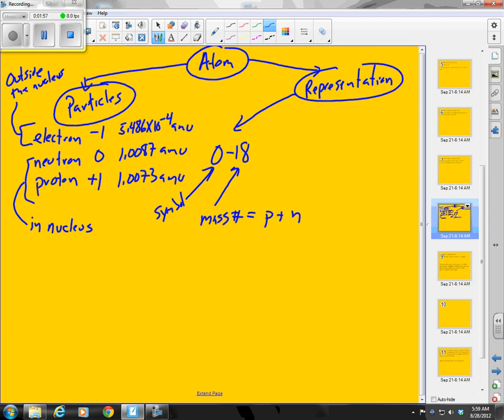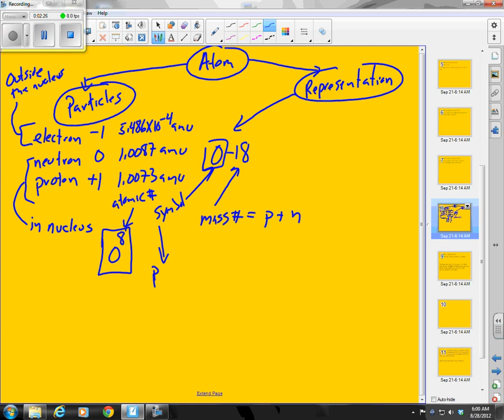Good. Now, if I know the symbol right here, it means I can also figure out the number of protons, right? Because it is the number of protons which defines the element. If I have oxygen, and I looked up on the periodic table, I would see that there's an O and an 8, and that 8 means what? That is the atomic number, and that is the number of protons.